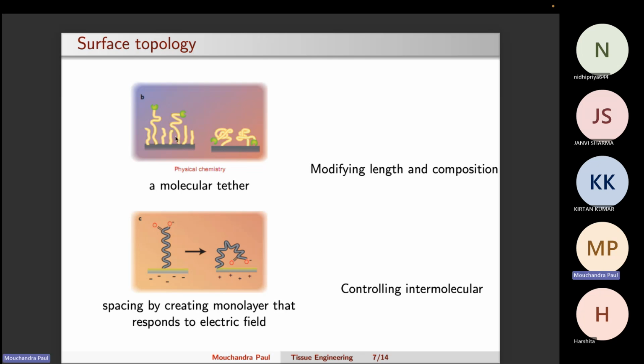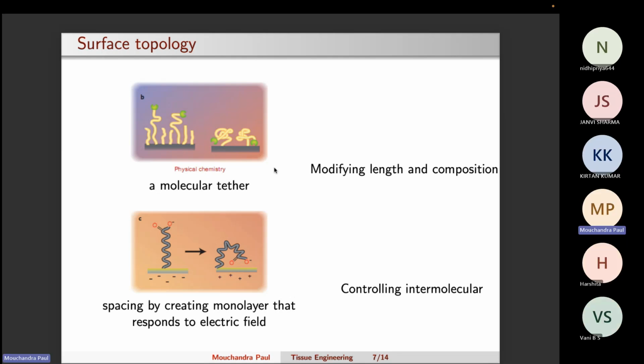If you use a longer linker, then it will give more resistance to compression, right? And then your proteins in the solution will adhere less. But if the opposite is true, means if you use smaller linker molecules, then the resistance to compression will be lesser, and there will be higher chance of protein adhesion. So this is another way of modifying a surface property.